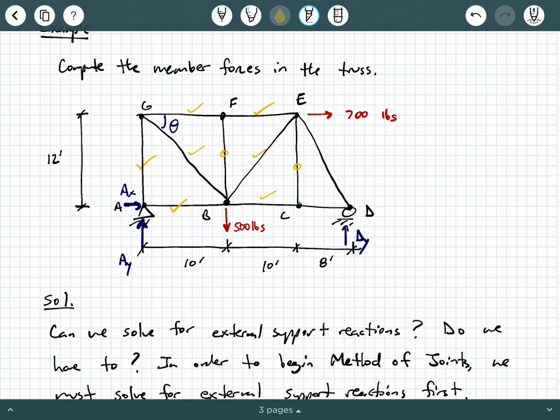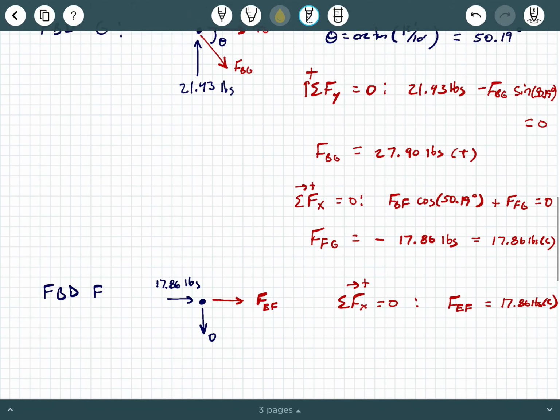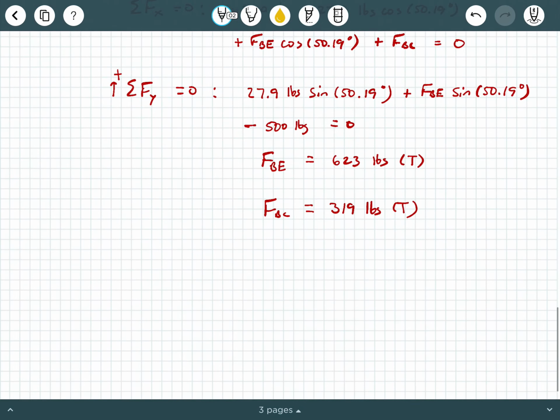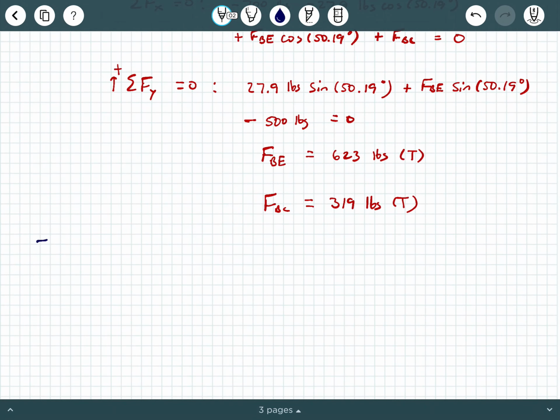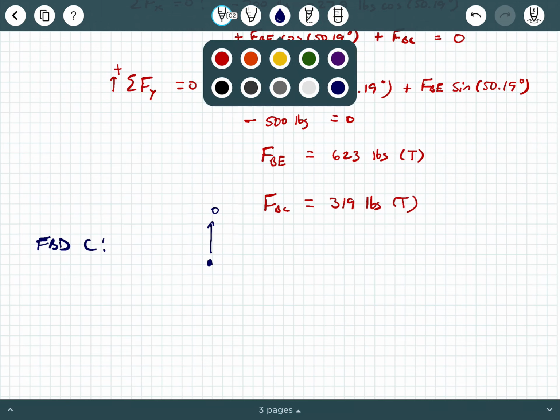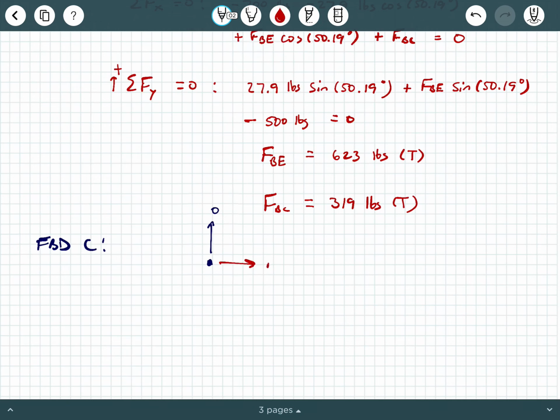I can go to joint C and get the force in CD, and then I can go to joint D and get the force in DE. So let's go ahead and do that real quick. We're going to say free body diagram of C, and at C, I think we had a zero force member here.